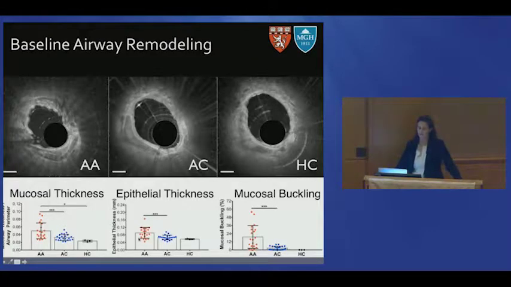And here are some of the baseline results that we saw, the differences between the two. We saw, even in these very mild asthmatics, there was significant airway remodeling at baseline. The mucosa was much thicker than the allergic controls or the healthy controls. The epithelial thickness was also thicker, and probably not surprising, the allergic asthmatics had a lot more buckling compared to the other two.